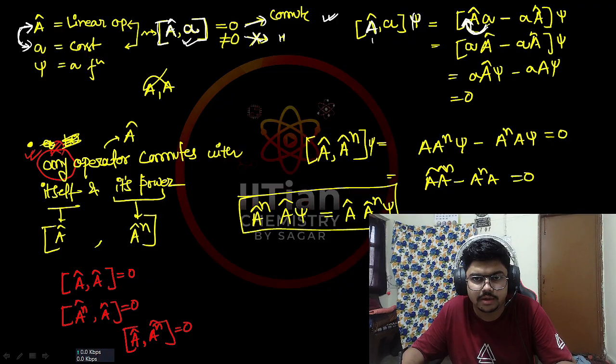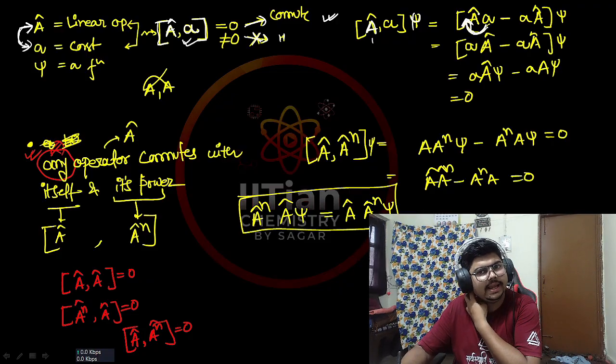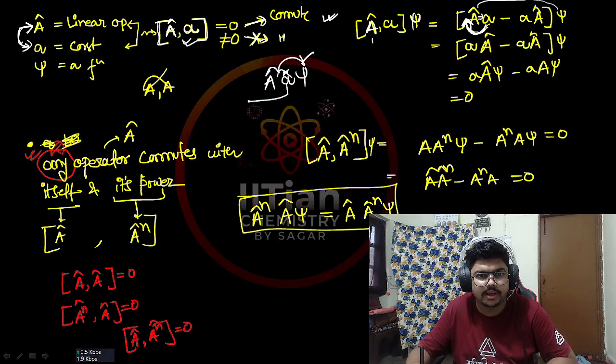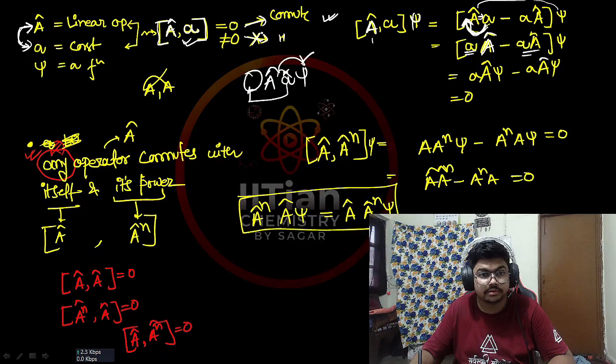The A operator will operate only on psi, it will not operate on the constant a. So the constant will go outside, and here the operator acts on psi. Minus similarly here. So a A psi minus a A psi will be 0. That means they commute with each other.